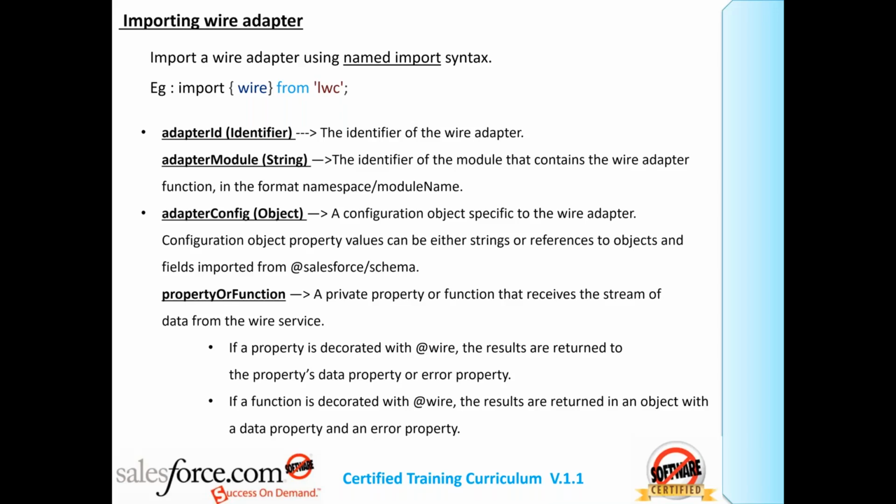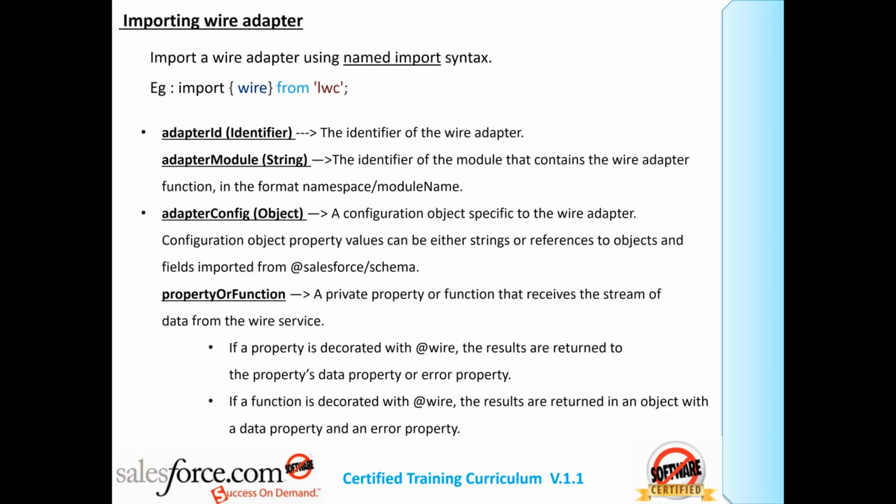you can write a program in wire in two ways, property or function. Write down property or function. So you can write a wire program in two ways, property or function.